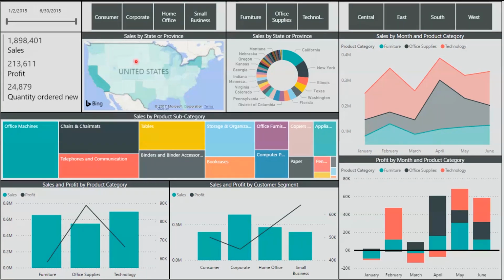Let me switch to laser pointer. So, like a geomap here, a donut or a pie chart, quite a mandatory element of a typical Power BI dashboard. Then some line charts, area charts, basically some combo charts with columns and lines and so on, and a heat map here, or a tree map, and so on, right?